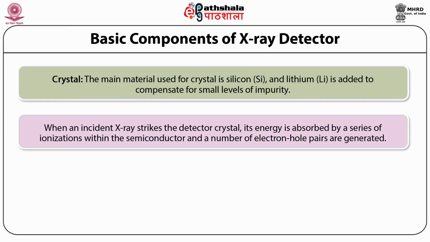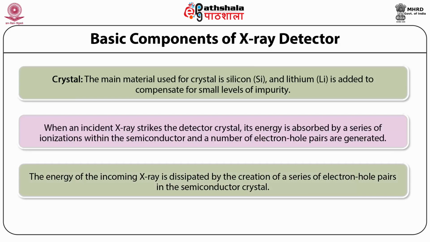When an incident X-ray strikes the detector crystal, its energy is absorbed by a series of ionizations within the semiconductor, and a number of electron-hole pairs are generated. The energy of the incoming X-ray is dissipated by the creation of a series of electron-hole pairs in the semiconductor crystal.